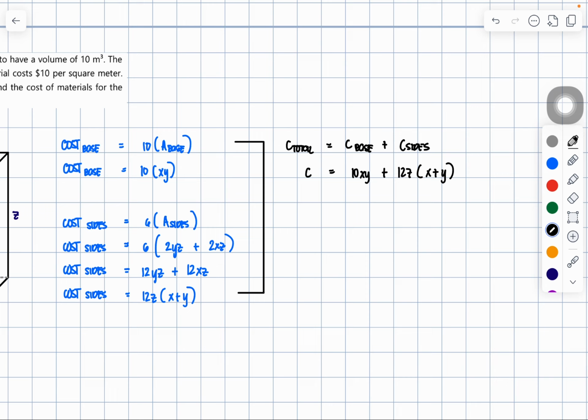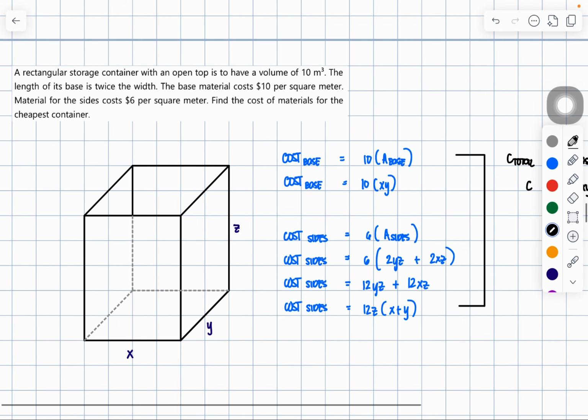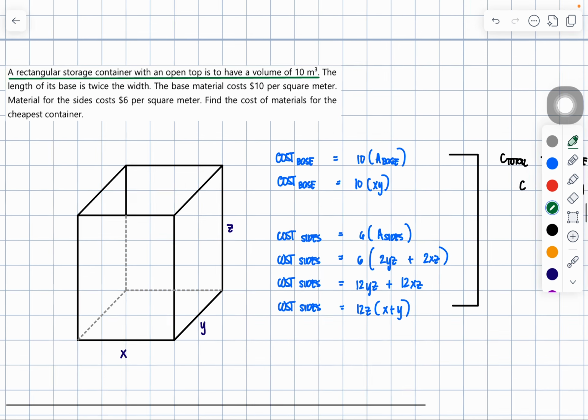Gusto natin gawin dito is that we write the equation that needs to be optimized in terms of one variable only. Okay? So, let's go back to the problem. Tignan natin yung mga conditions na binigay. The first condition here is that the total volume of the box is 10 cubic meters.